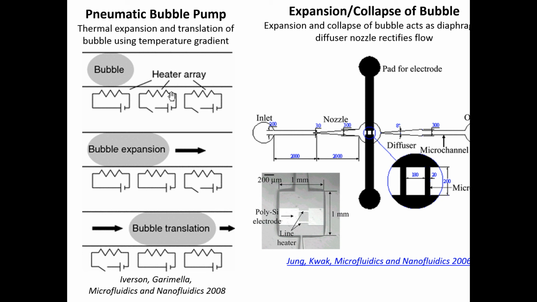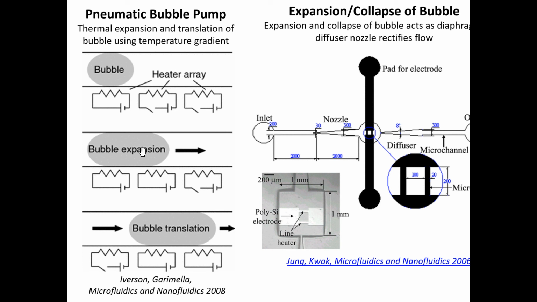Okay, and then these 2 heaters are being used to generate a temperature gradient, because this bubble will actually move in response to the temperature gradient. The reason why the bubble moves, I'm not going to get into right now. It actually has to do with the Marangoni flow, surface tension driven flow. Bubbles and droplets actually move from high to low surface tension.